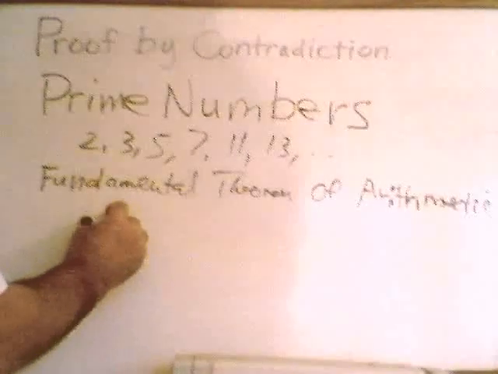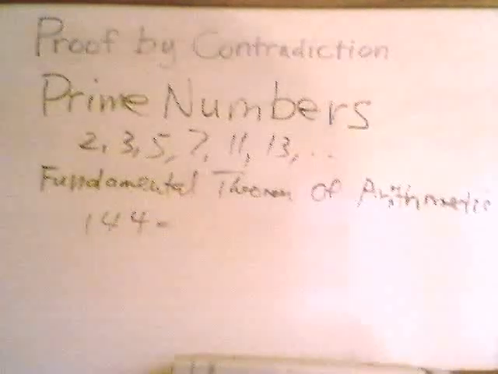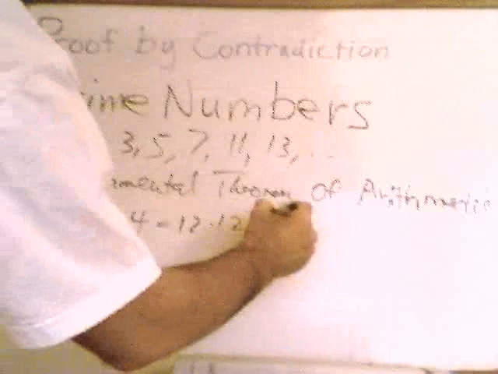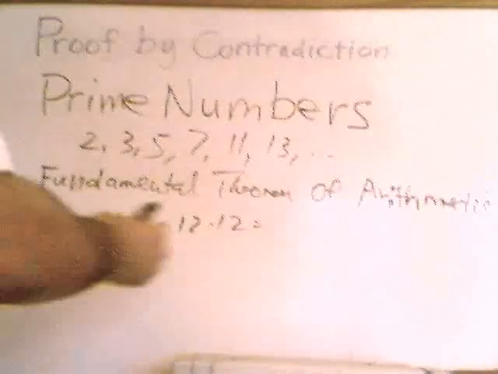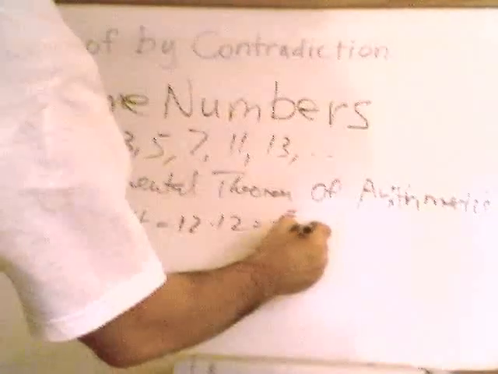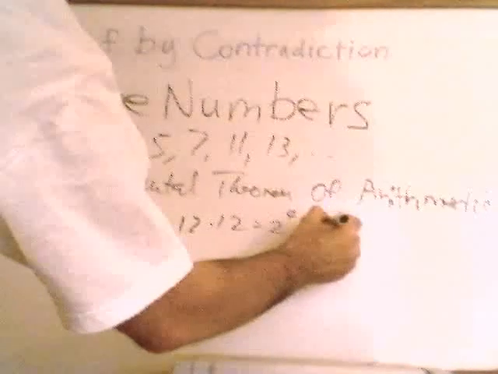So I know 144, for example, is equal to 12 times 12, which is 16 times 9, I guess.